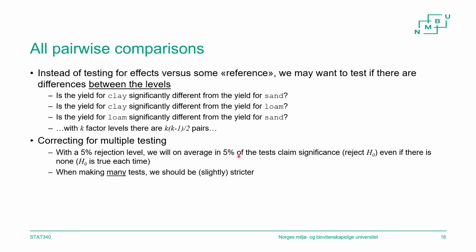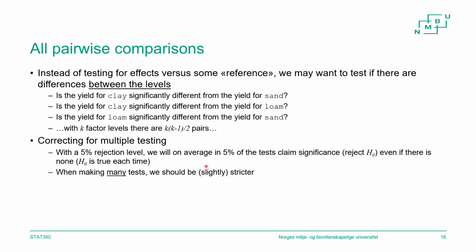So this is the error tolerance, right? It means you make some errors. Not often, but some. The point is that when you make many tests, even 5% of a very large number is quite an amount, right?